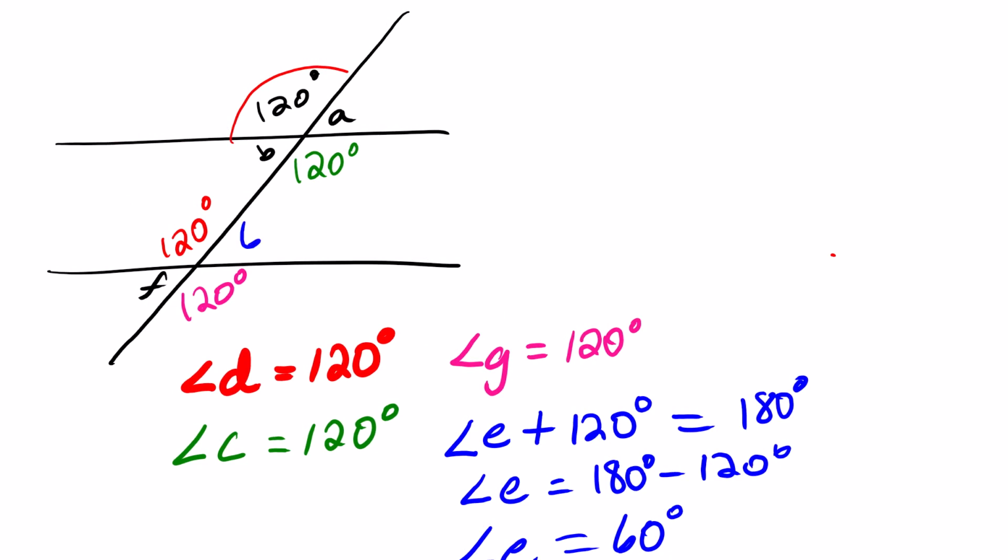So we have 60 degrees here. This and this are equal. So you can see that angle B is equal to 60 degrees. So we also have 60 here.